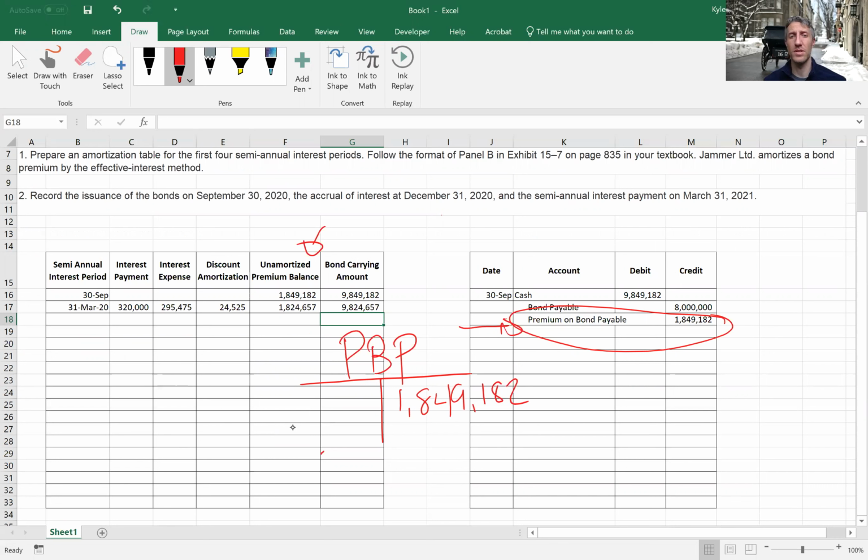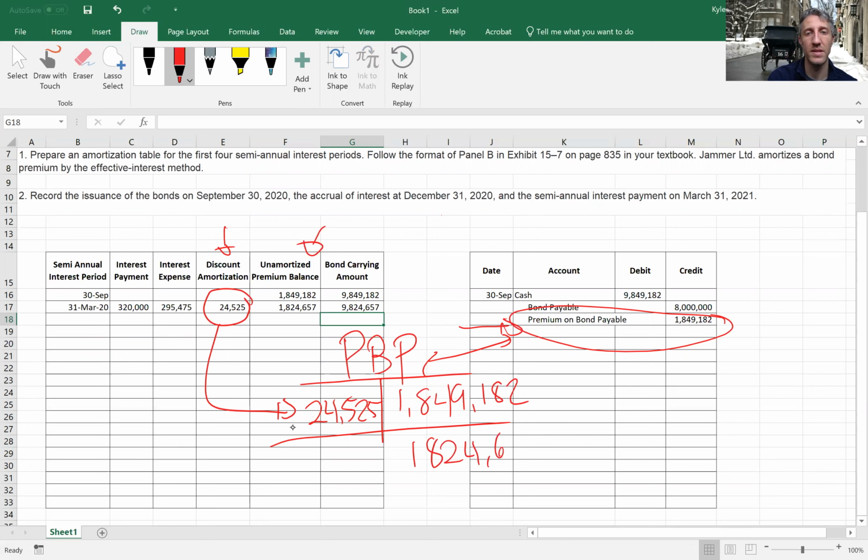And I know we're going to be doing journal entries in just a minute, but effectively what's happening here is this amortization is going to be a debit. Which means that the amount in the premium on bond payable account after we amortize some of the premium is going to be 1824657, which is what we have here.